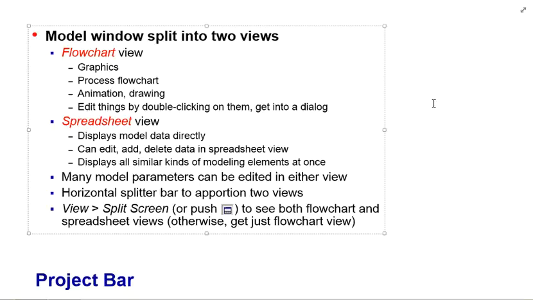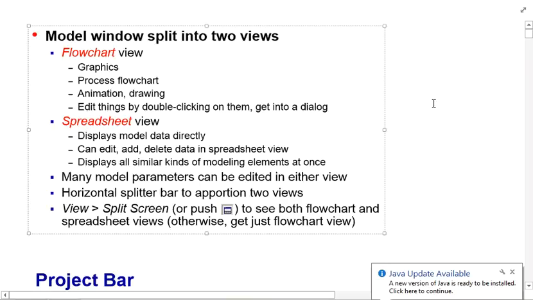In other cases, it's easier to use the spreadsheet view, which is directly down below the flowchart view. And like most Windows-based things, you can make those windows bigger or smaller as you see fit. Many times, if you're looking at things like resources and you want to add a schedule, sometimes that's easier to do through the spreadsheet view rather than the flowchart view.